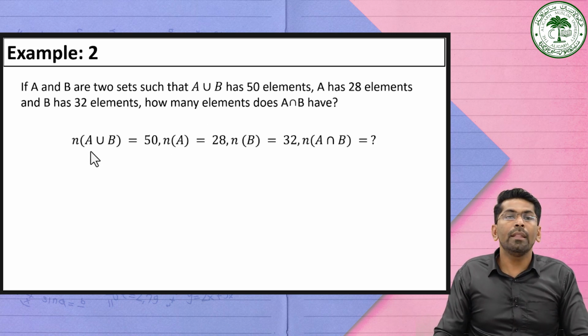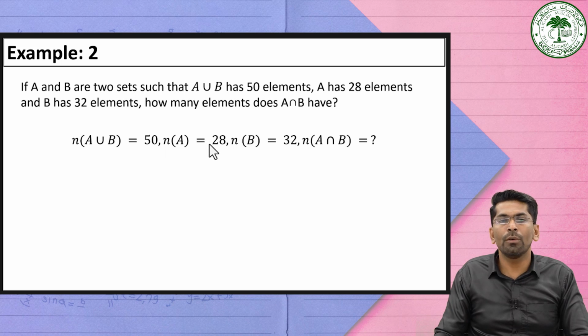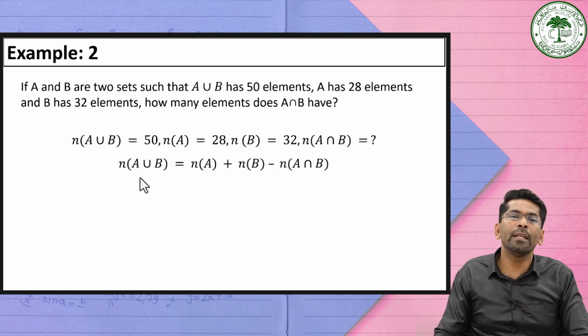The number of elements in A union B is 50, in set A is 28, and in set B is 32, and we want to find the number of elements in A intersection B. By applying the formula, we know the number of elements in A union B is equal to the number of elements in set A plus the number of elements in set B minus the number of elements in A intersection B. So what is the information here?